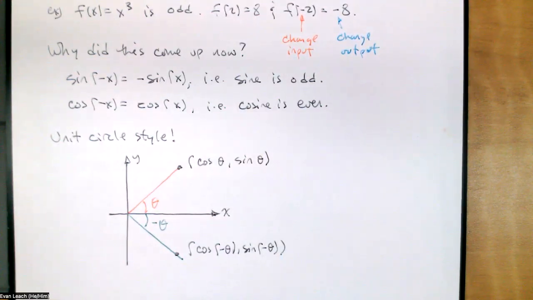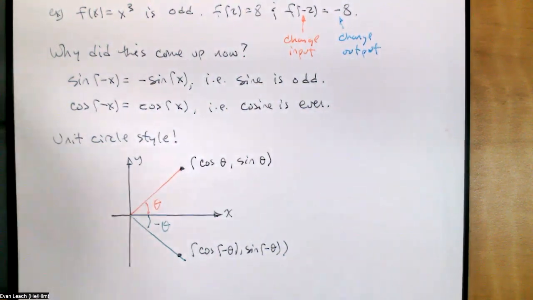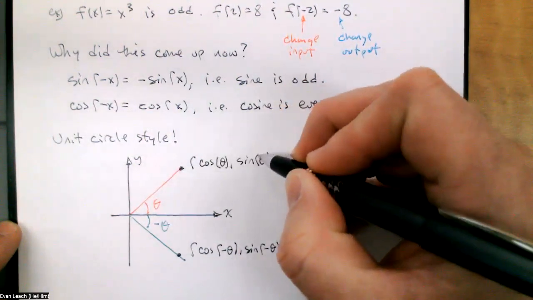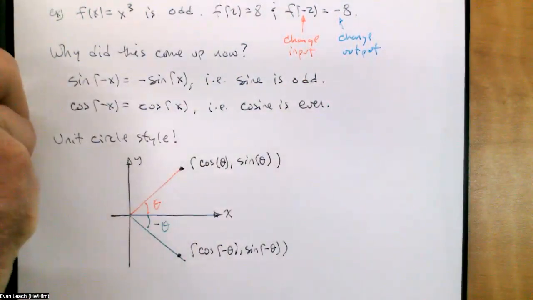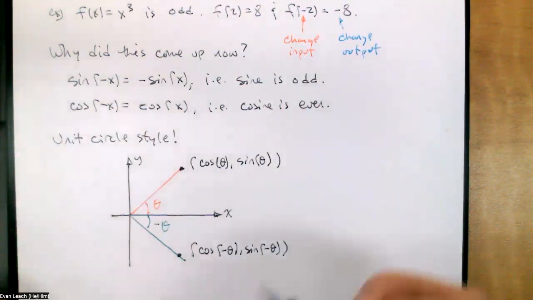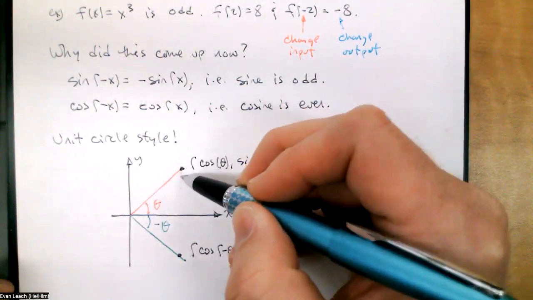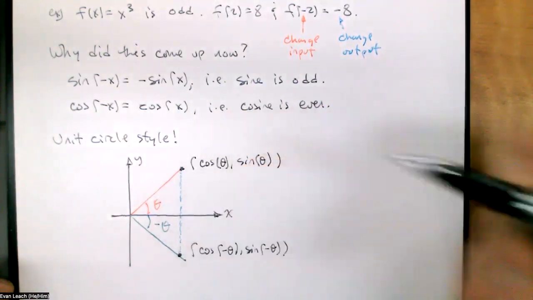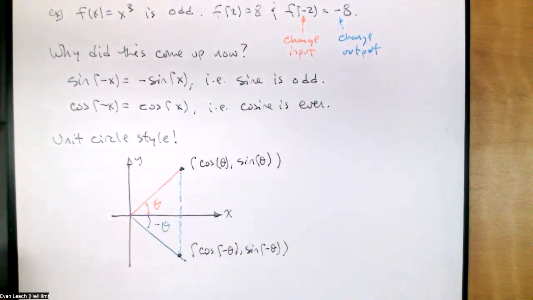Notice that cosine theta and cosine of negative theta, same place. Those are the first and the fourth quadrant. Those are going to be the same values because it's based on the x. So notice that the cosine of theta and the cosine of negative theta land on the same x coordinate.